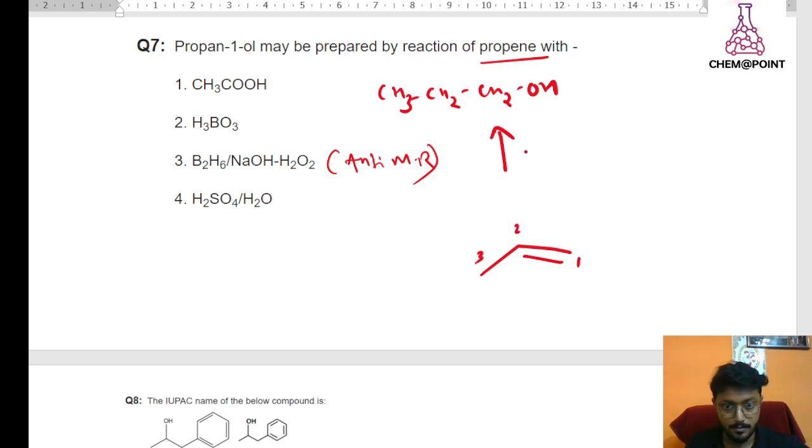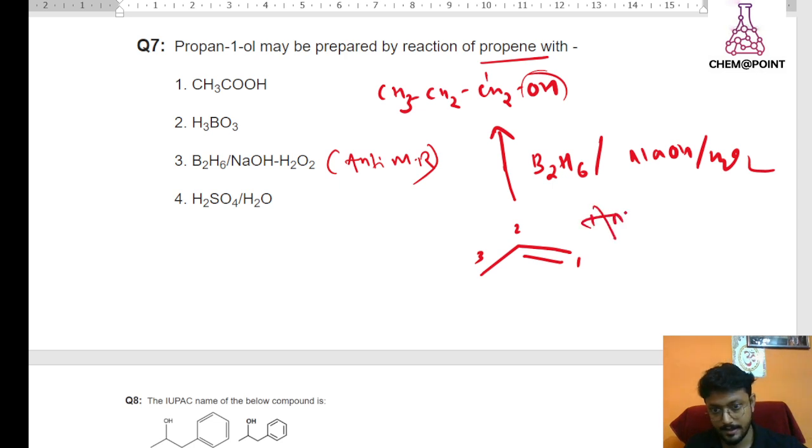If you put B2H6 in the presence of NaOH and H2O2, hydrogen peroxide, the alcohol is attached directly at the first carbon, and it undergoes the anti-Markovnikov rule. Do you understand my point? Any confusion? Any doubt? Okay. Now move to the next question.